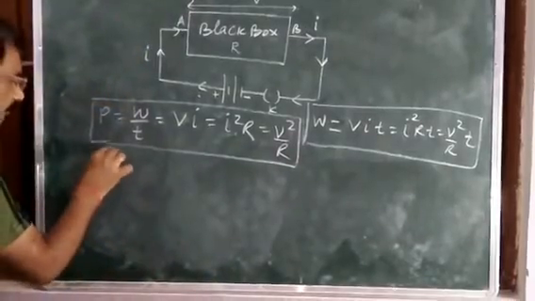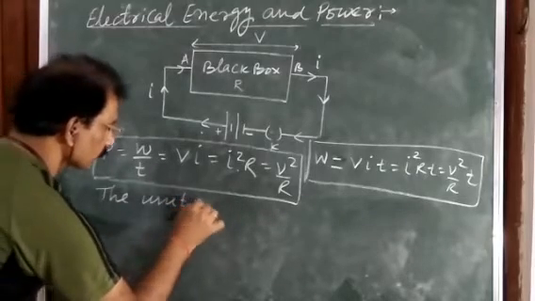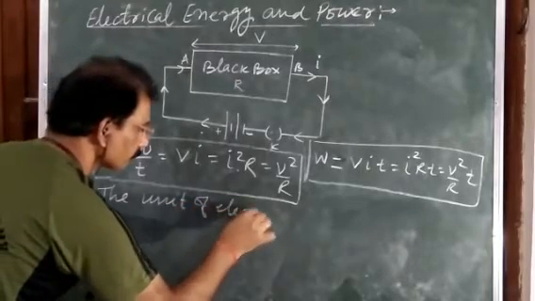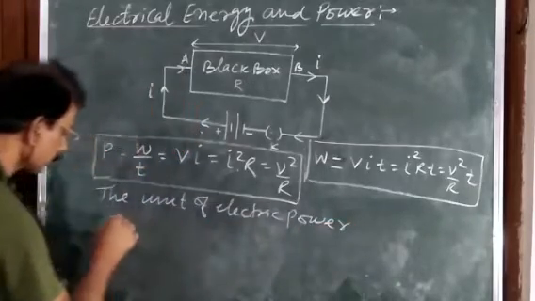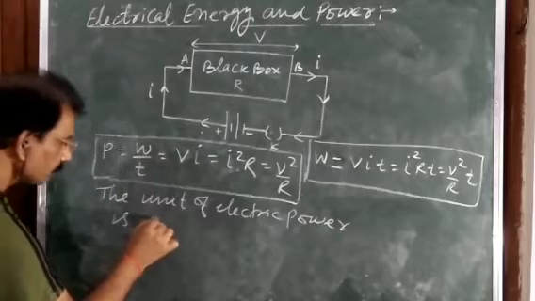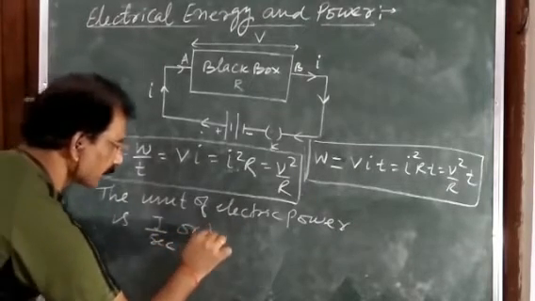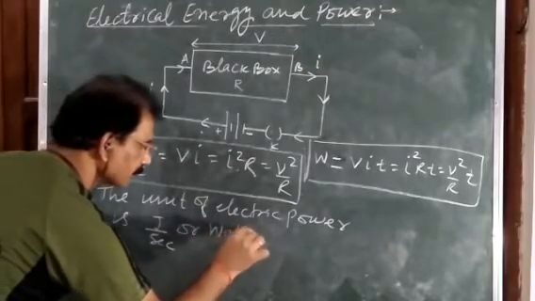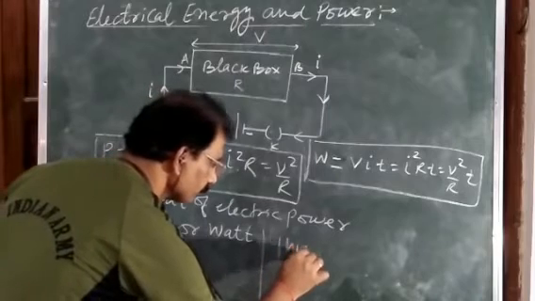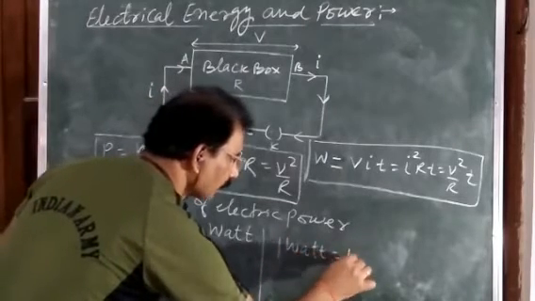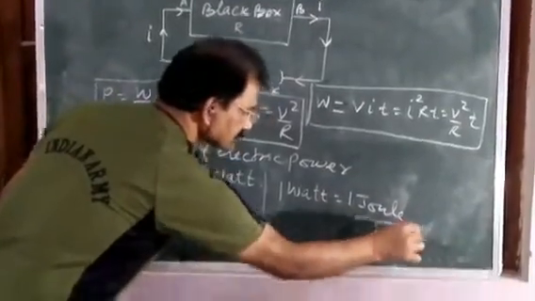And the unit of electric power is W by T, meaning joule per second, and this joule per second is also called watt. It means 1 watt is equal to 1 joule per second.